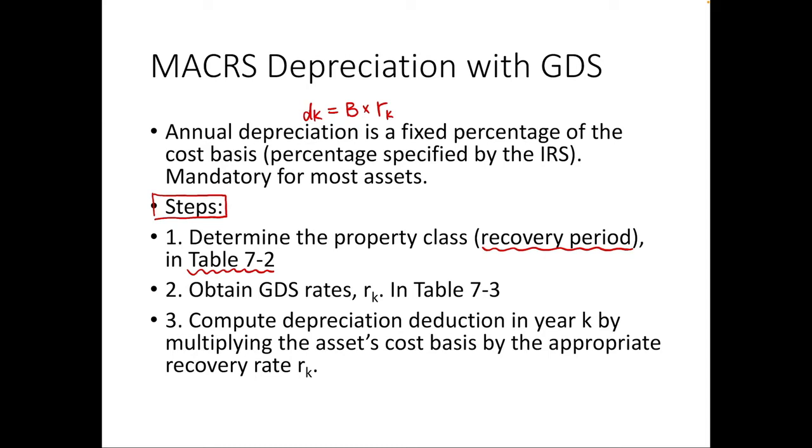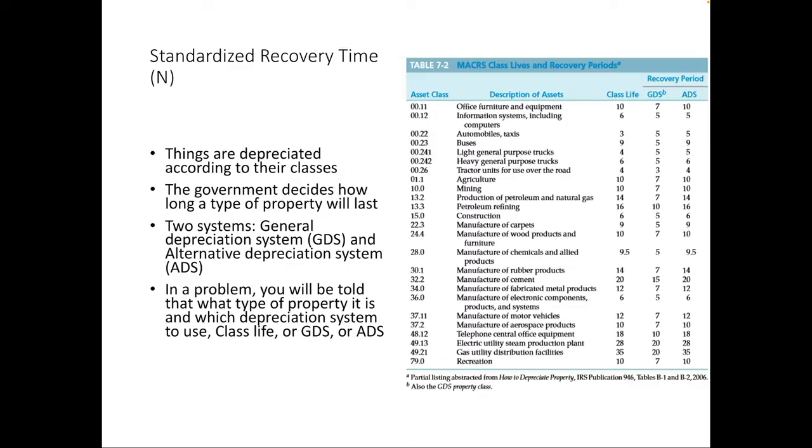Okay, and let me see if I have an example of table 7-2. So here is the table, and it's called standardized recovery time, related to the MACRS class lives and recovery period. Okay, so in this table, you will see several columns. The first column is the asset class.